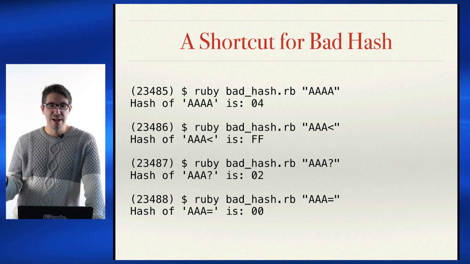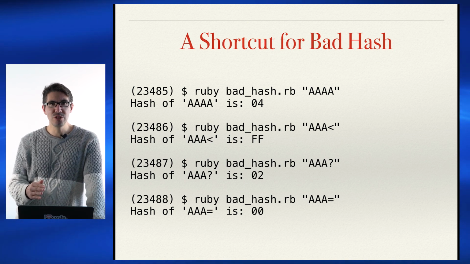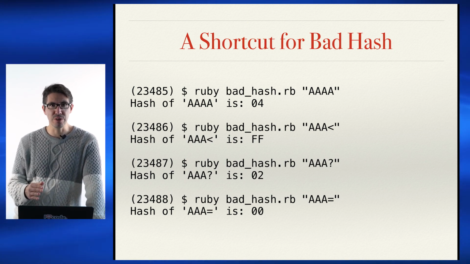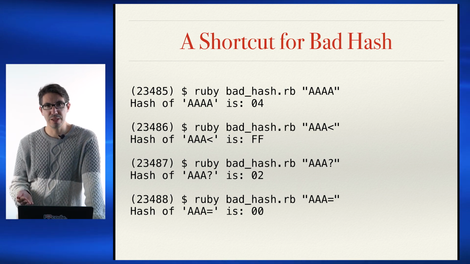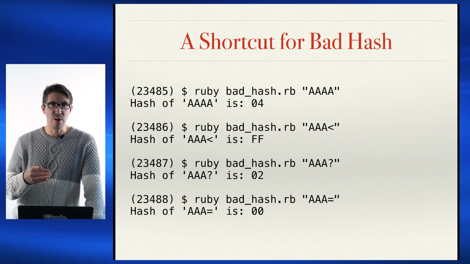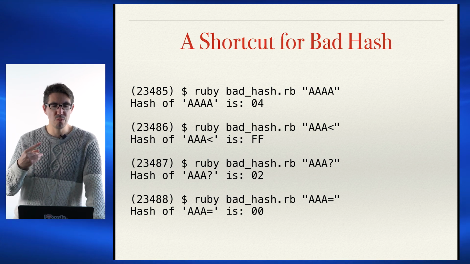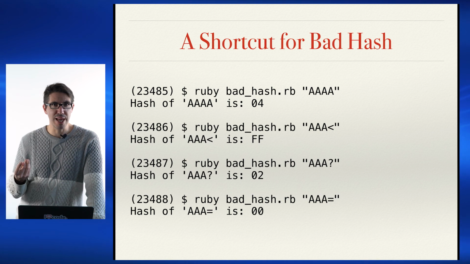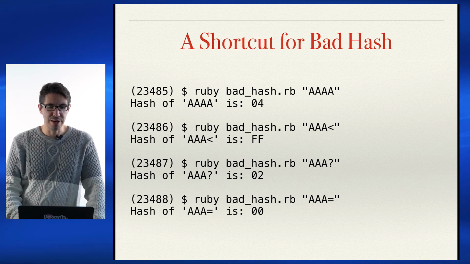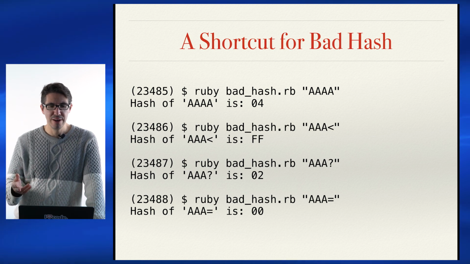So I change that last A to a lower ASCII value character, the less than character, and I see, oh right, that's FF. But I know, since we use modular arithmetic, if I just increment that by 1, then I will get 00. So here I messed up. I did a question mark that was a little bit higher.